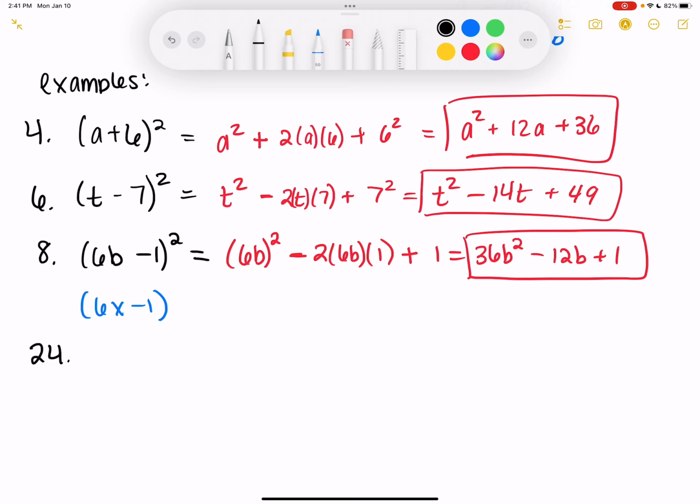So I'm going to jump down and have you try one really quick, and then we'll go over it, and then we'll go back up and do the other type. So we are going a little bit out of order, but it's so we stick with the same types at the moment. So 24 is (6x + 5) squared. I want you guys to try that one following this pattern the way I did it up here. Just for a minute, we'll go over it.